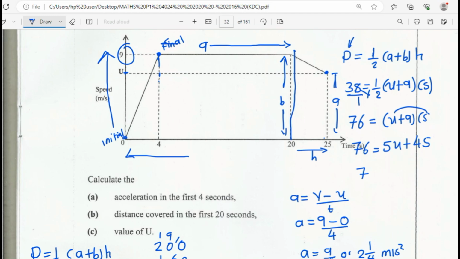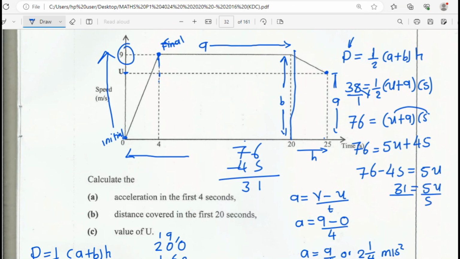So if we collect like terms, we get 76 minus 45, which is 5U. So 76 minus 45, we have 31. So here we have 31 is equal to 5U, over 5 over 5. That's our U. 5 into 31 will give us 6, remainder 1. 5 into 1, it can't, so we put a point. So it's 6.2 meters per second. So that is how we can solve it.